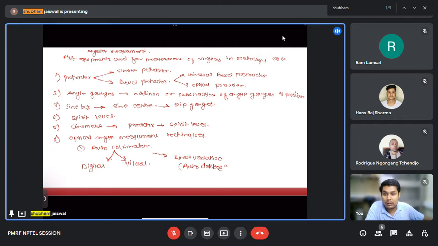So these are basically the 6 types of angle measuring instruments that we use for angular measurement.